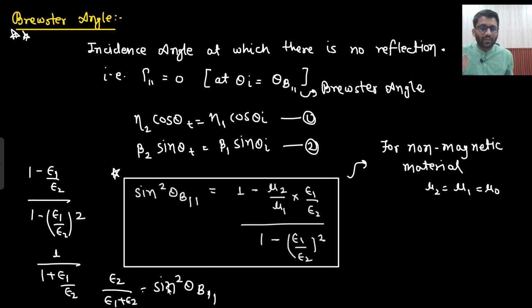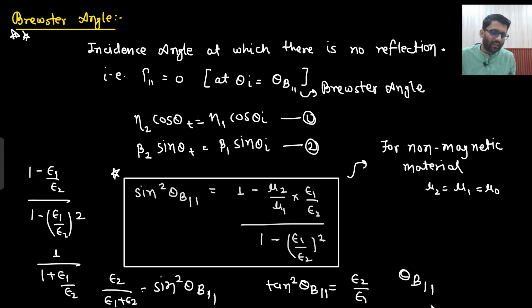If I need to write down tan square theta b parallel, what would that be? That would be epsilon 2 by epsilon 1. Tan square theta b parallel would be epsilon 2 by epsilon 1. So if I need to write down theta b parallel, then what will be the answer?